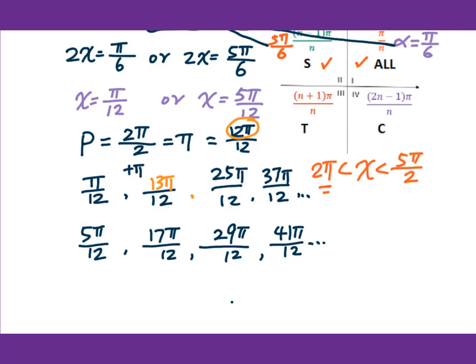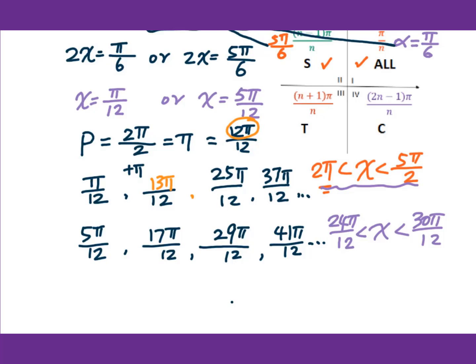Let's make this domain into a denominator of 12 so that it's easier for us to get. 2 pi, that is 24 pi over 12. And 5 pi over 2, that will be 30 pi over 12.